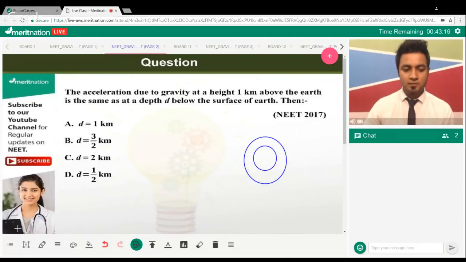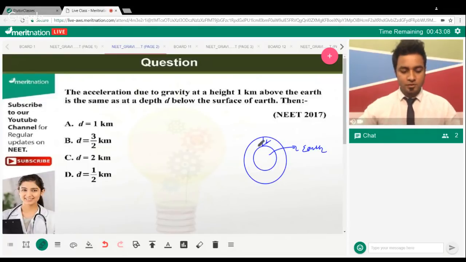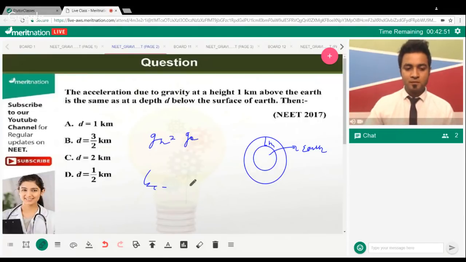Suppose this is Earth, and suppose this is height h. We do have a formula for this one, that the gravity at any height h is nothing but g naught.